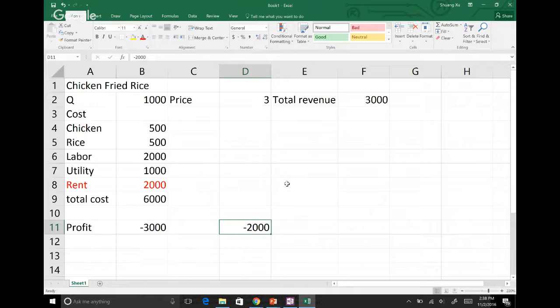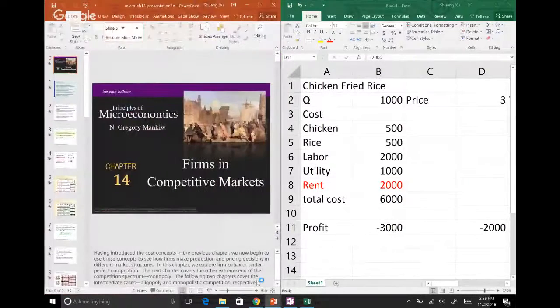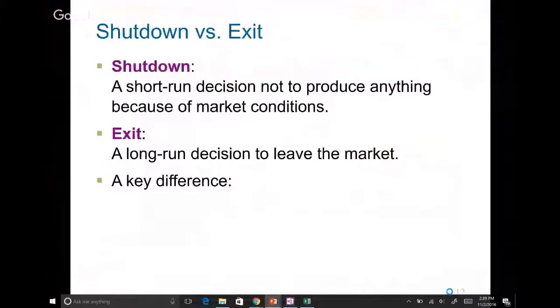But if it's vice versa, and your loss is not that much, then we should still stay open and lose only a little bit instead of closing down entirely and paying the rent by itself. So the difference between shutdown and exit, here we go. Shutdown happens when the price is lower than your average variable cost.